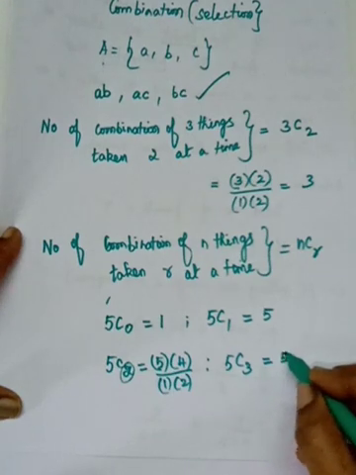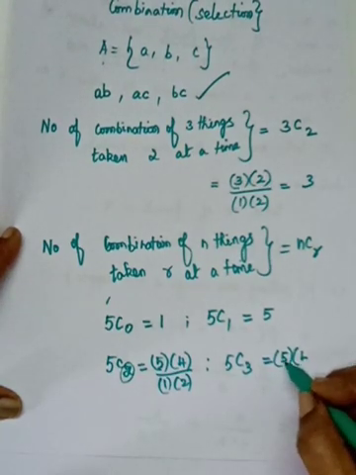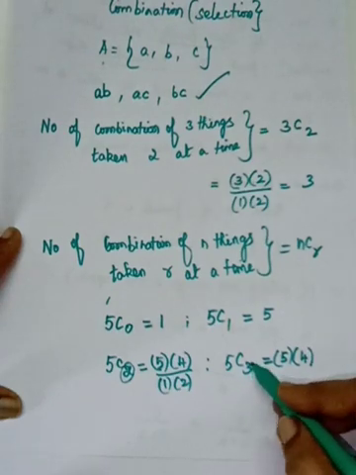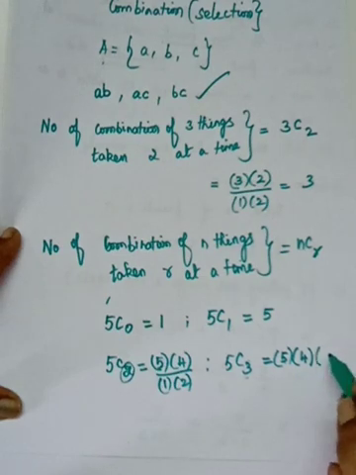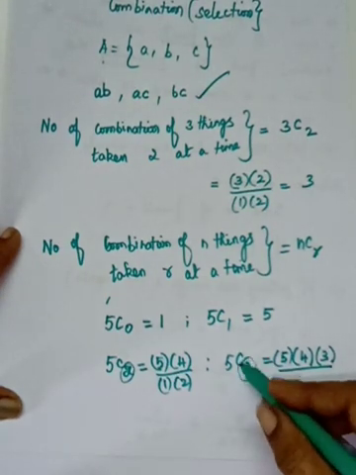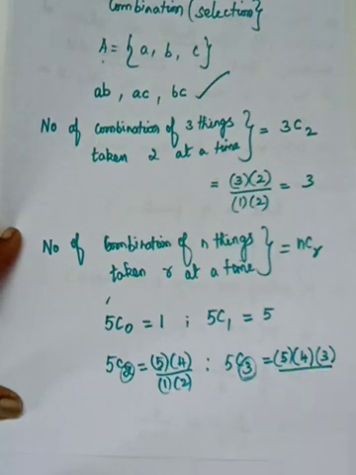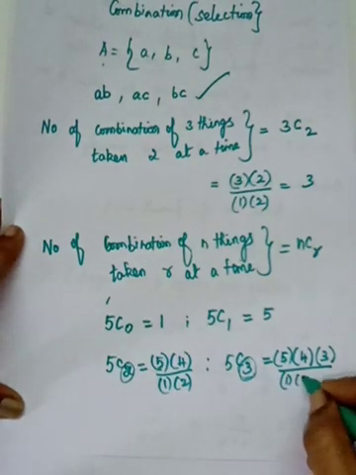The first place you will have 5. The second place, by reducing 1 from 5, that is 4. How many places do you have to fill? 3 places. So 5, 4, next one more place, that is 3. Divided by 3 factorial. That is 3 factorial means it's the product of the first 3 natural numbers, that is 1 into 2 into 3.